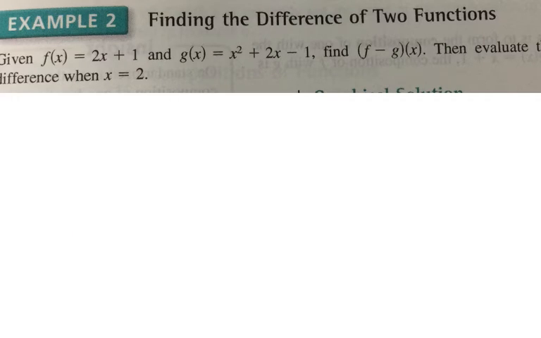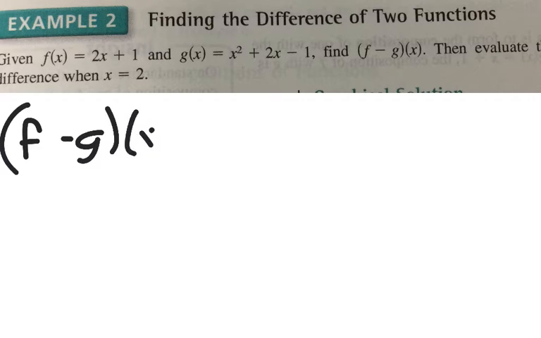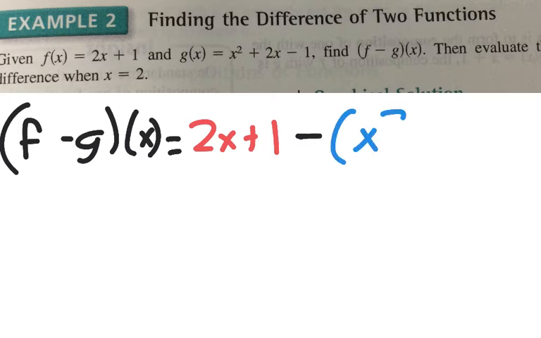Okay, so now it tells me find f minus g and then evaluate the difference. So again, the only thing that I want you to be careful of here is we are subtracting all of g. So when I plug that in, I'm going to put f of x, which is 2x plus 1, then minus all of g. So minus x squared plus 2x minus 1.